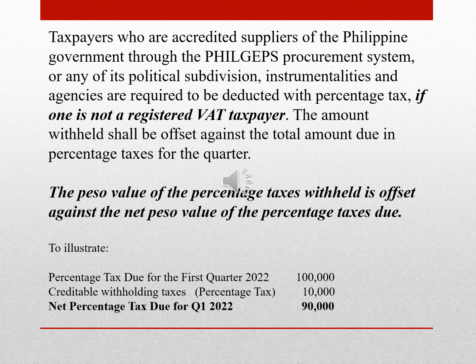Now, if you will ask me, meron pa tayong 8% taxpayer, di ba? So, that also is a kind of a percentage taxpayer, but it's more of like the 8% gross income taxation. So, dun to papasok sa gross amount. And that one will do away with the filing of the percentage tax per quarter.